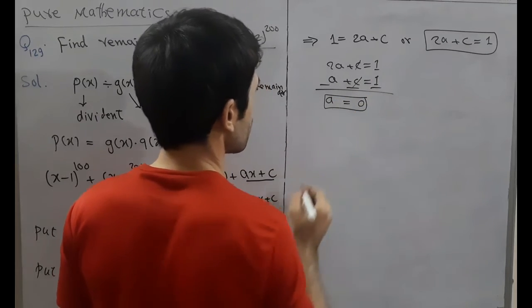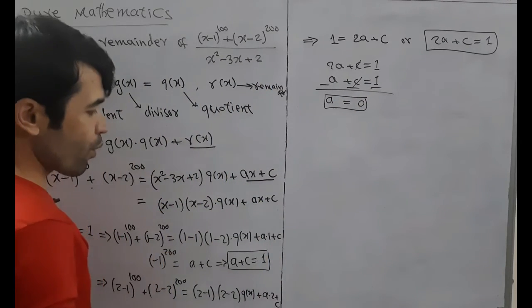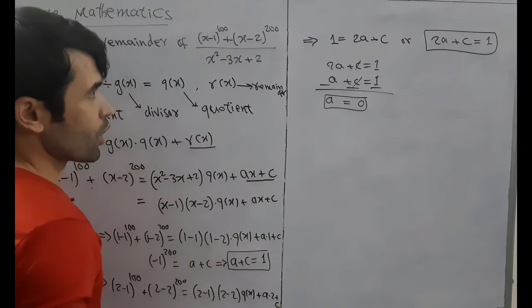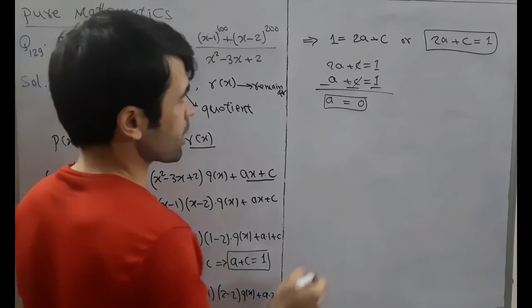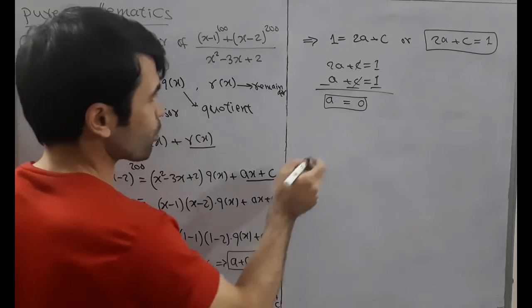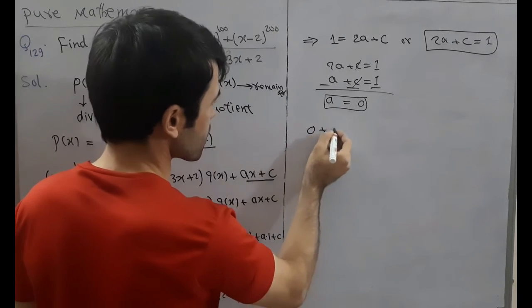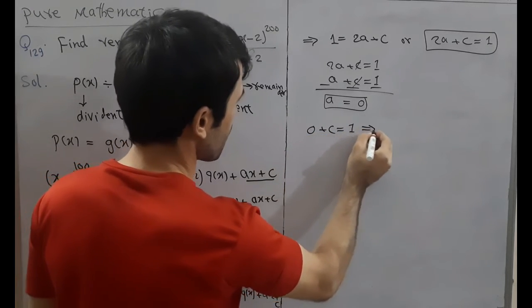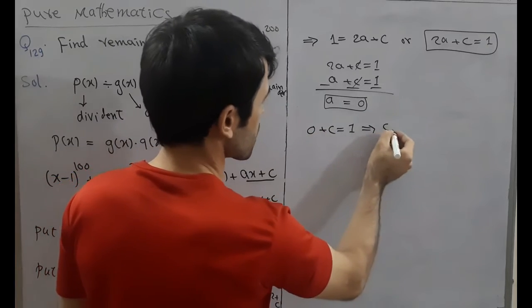In fact, the value of a is equal to 0. If we put a in one of these equations, we will get c. Here we put a: 0 plus c is equal to 1. This implies c is equal to 1.